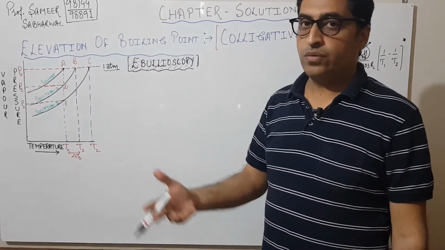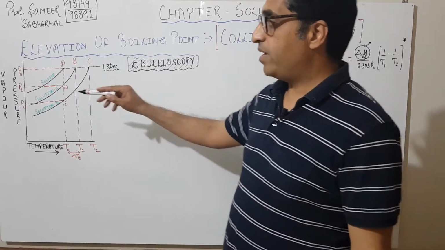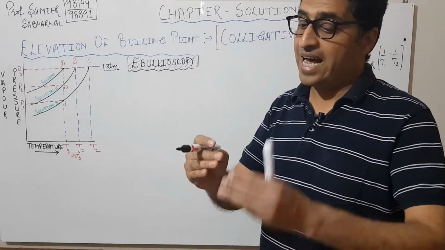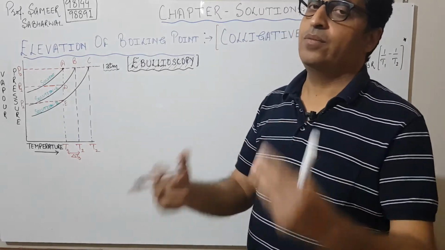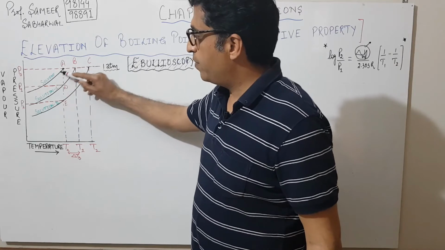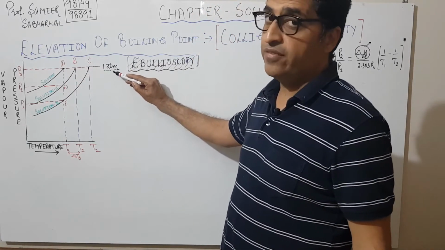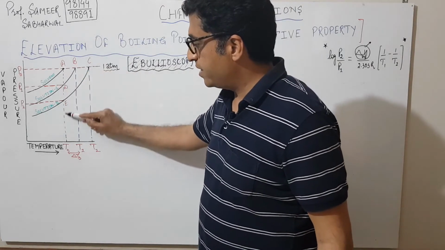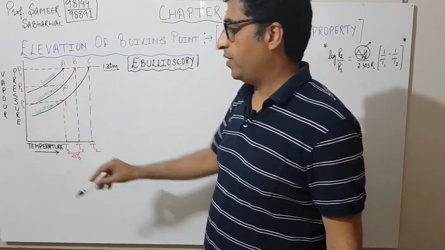We know that normal pressure is 1 atmospheric pressure, and when vapor pressure of that liquid becomes equal to 1 atmospheric, then at that temperature that liquid will start boiling.